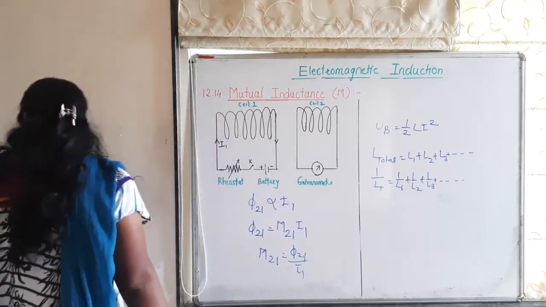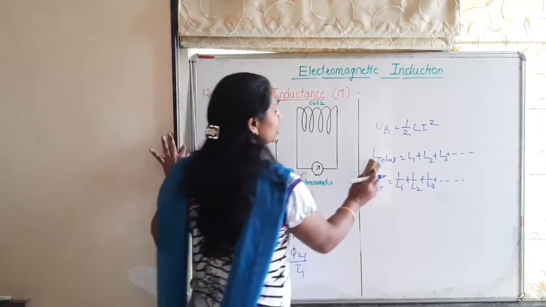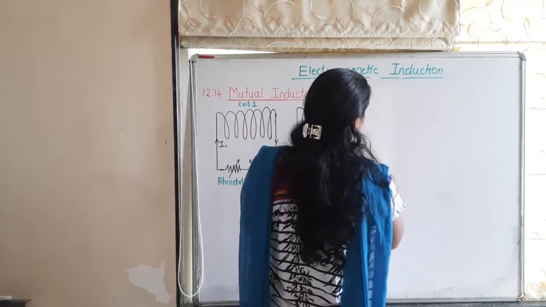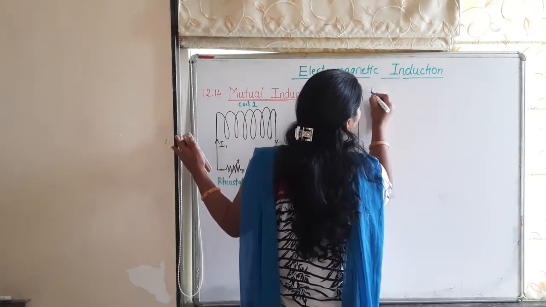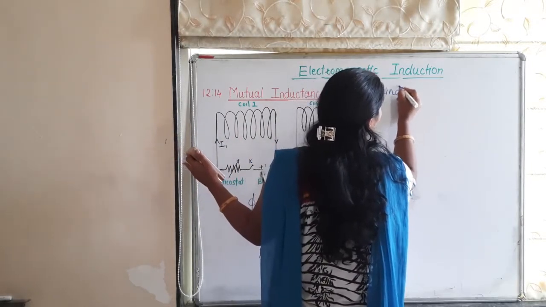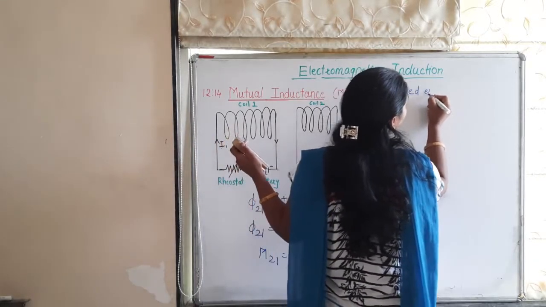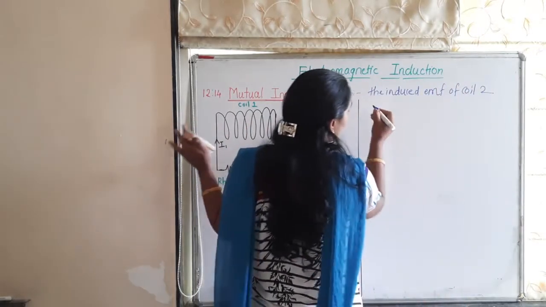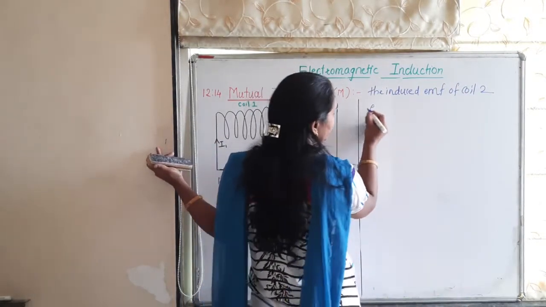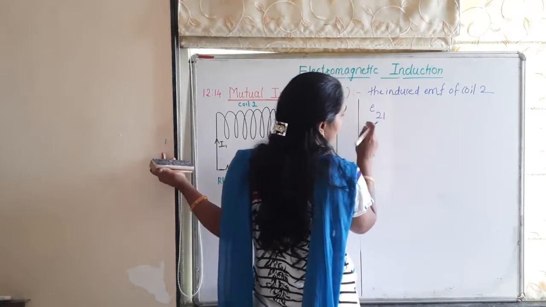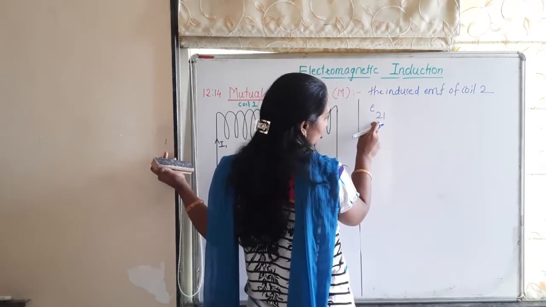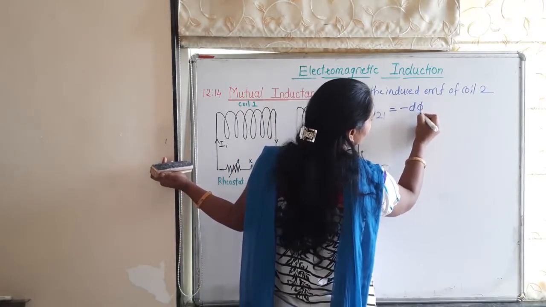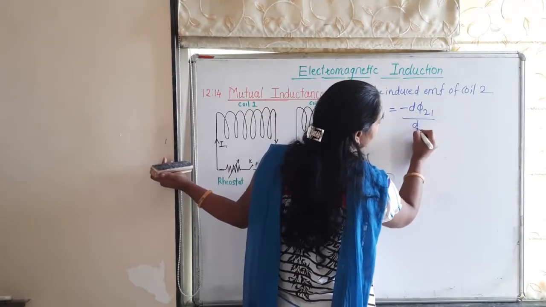Then the induced EMF of coil 2. Because of coil 1, an EMF is produced in coil 2. According to Faraday's law, the induced EMF of coil 2 with respect to coil 1 is E21 equals minus d phi 21 upon dt.